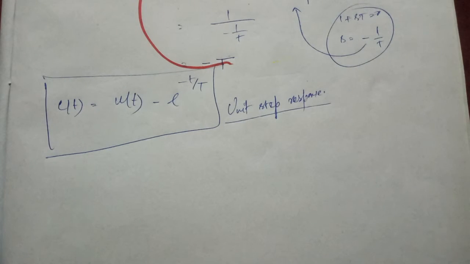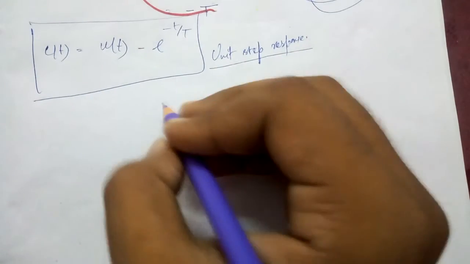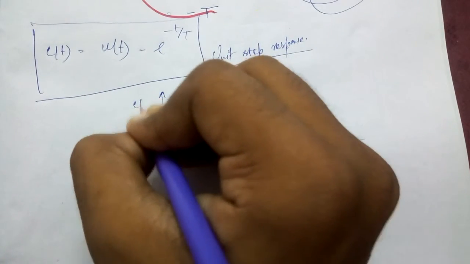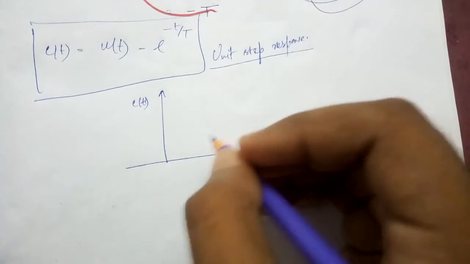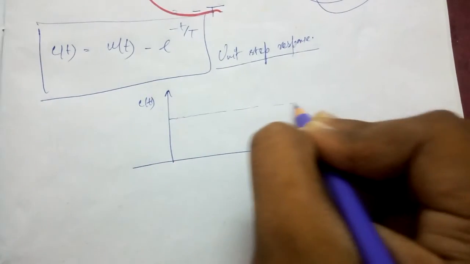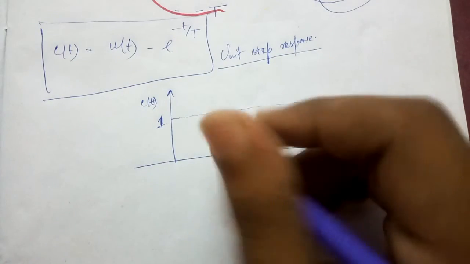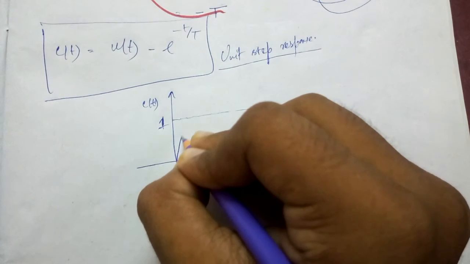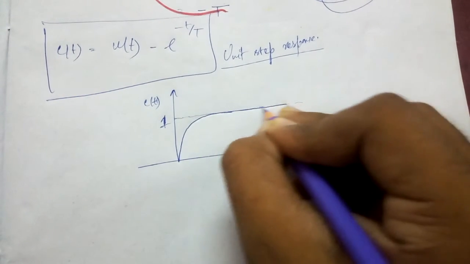So now if we draw the response, we'll find it like c(t) versus t. If we take this as 1, the maximum value of the unit step response, it will go like this, the c(t) will go on.